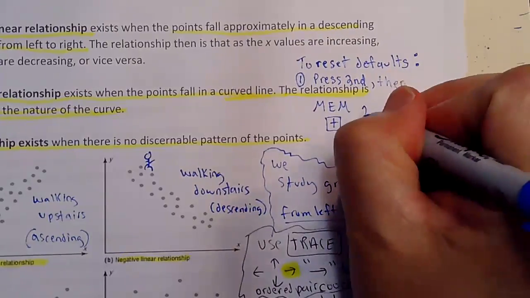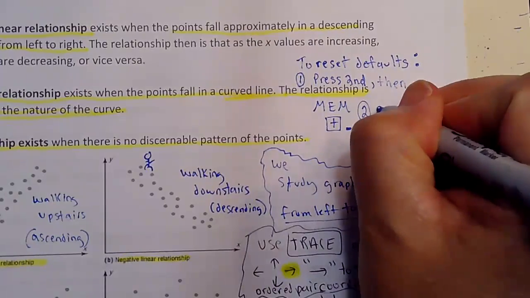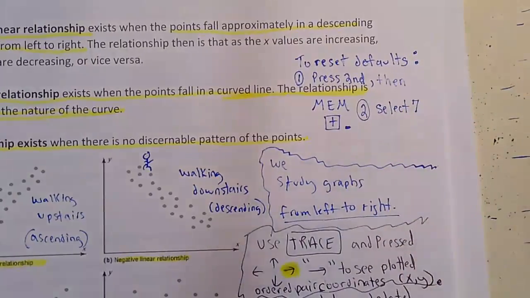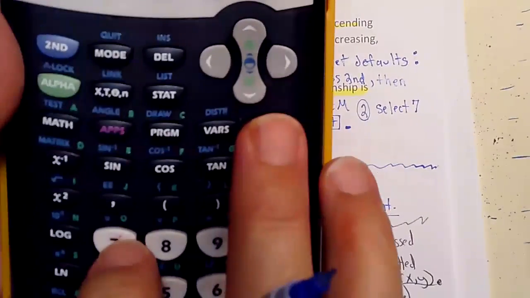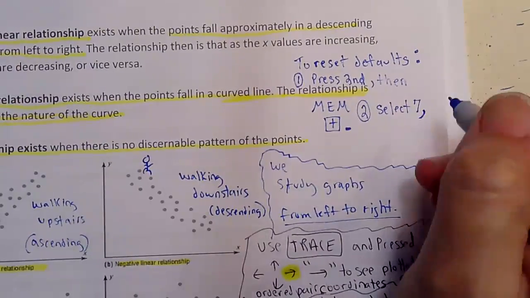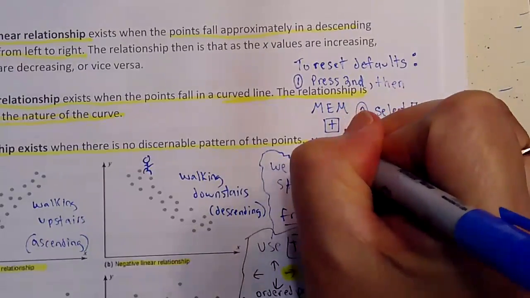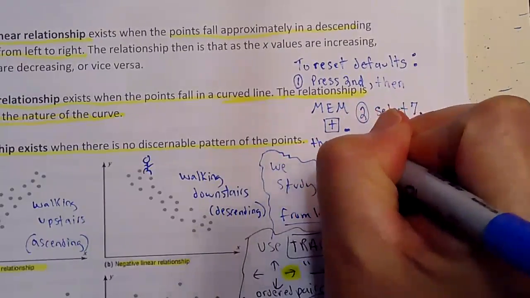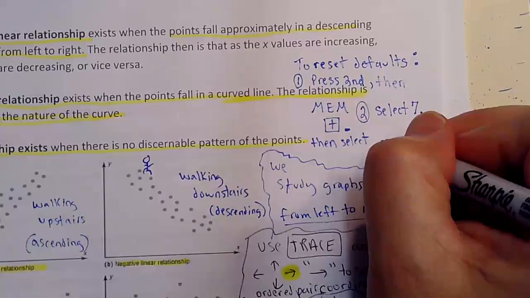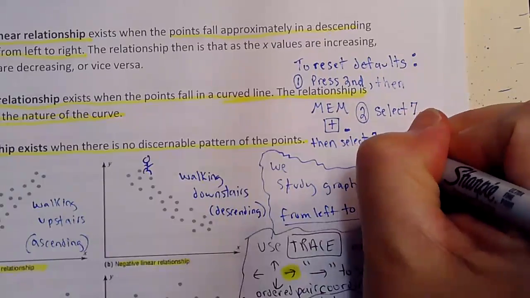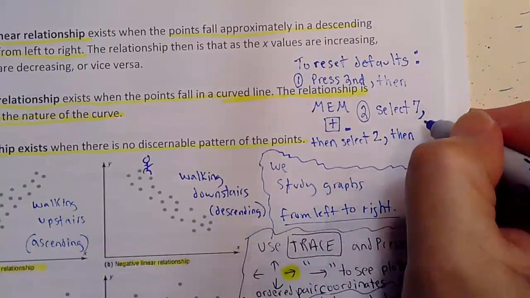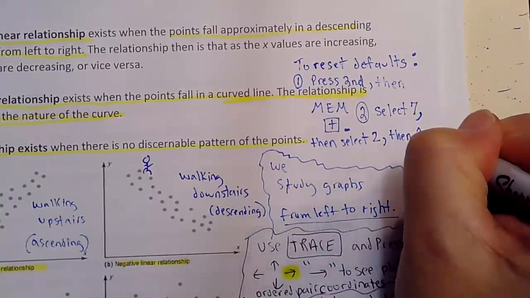Okay, and then you want to select the number 7. Then you want to select 2, and then you want to select 2 again.